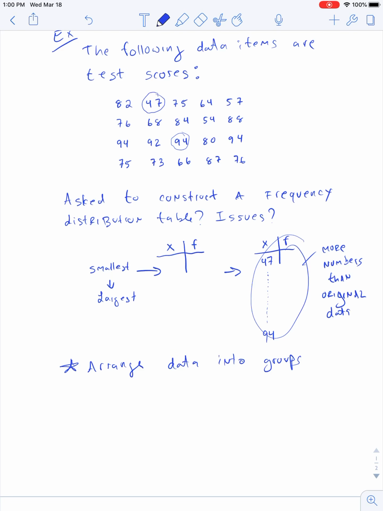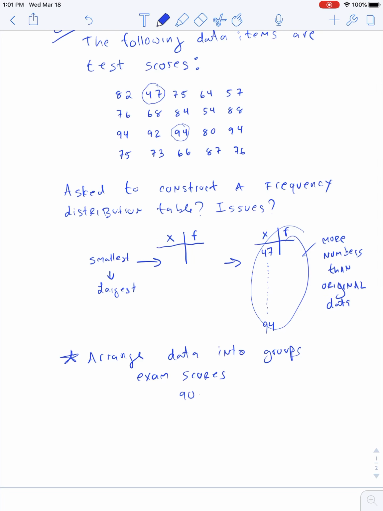Recalling that these are exam scores, we can say 90 to 100 is an A. 80 through 89 is a B. 70 through 79 is a C, and so forth.